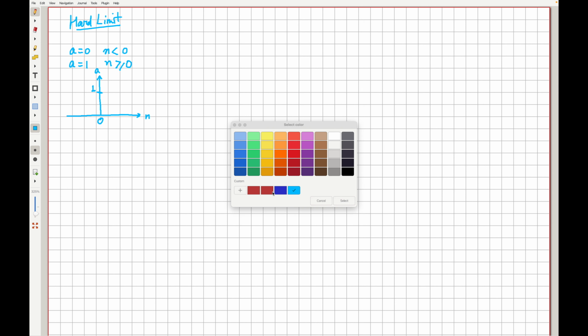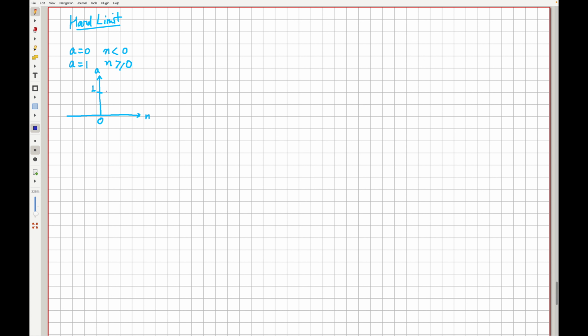Now if we try and draw the values for a, if n is less than 0, then the values are going to be 0 for a. But if the value for n is 0 or more, then we see this jump to 1, and then these values would be 1 all the way around.